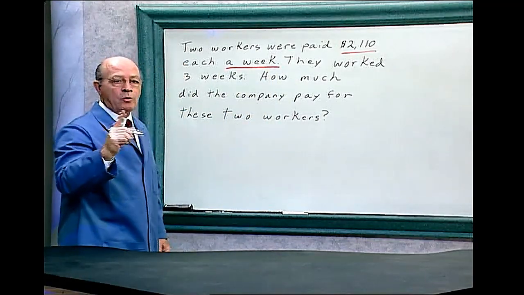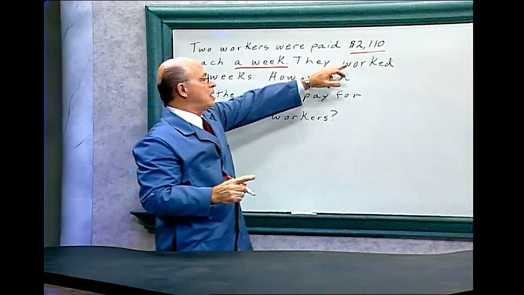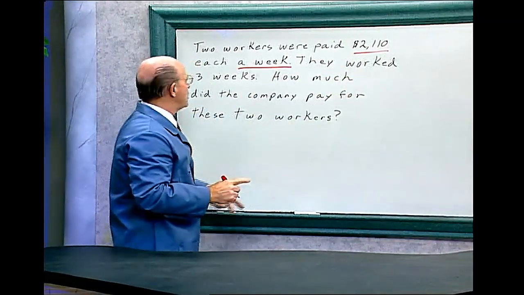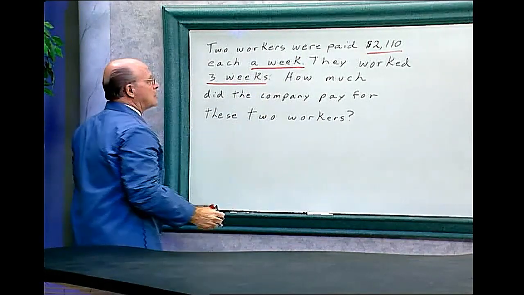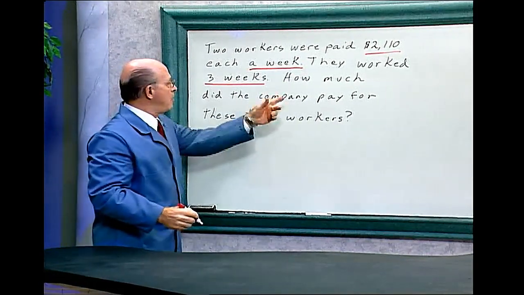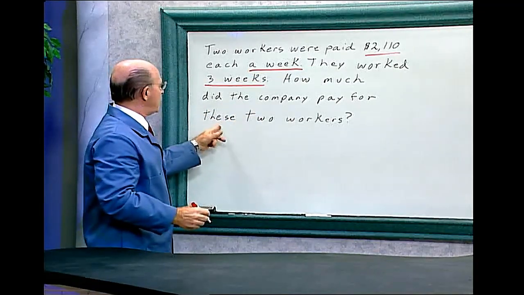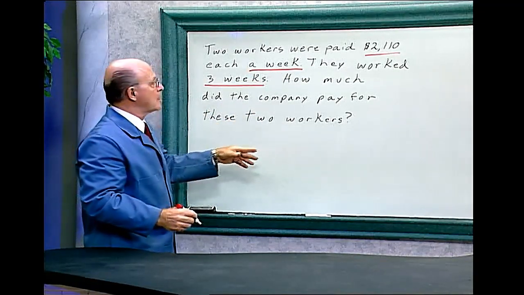So for 1 week, 1 worker was paid $2,110, and so was the other worker. And they worked for 3 weeks. Now we want to figure out how much the company paid for these 2 workers.